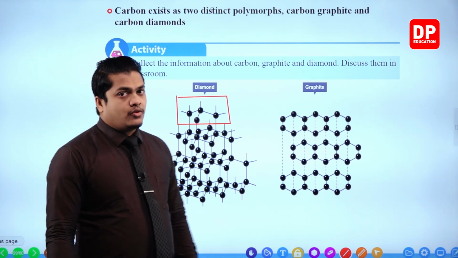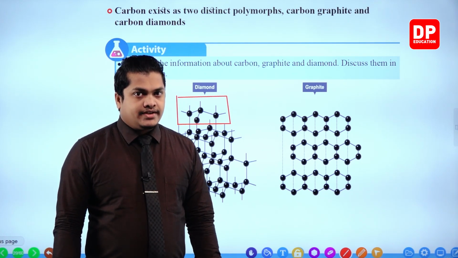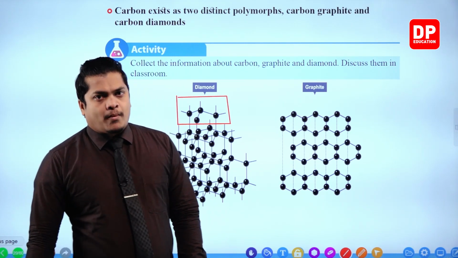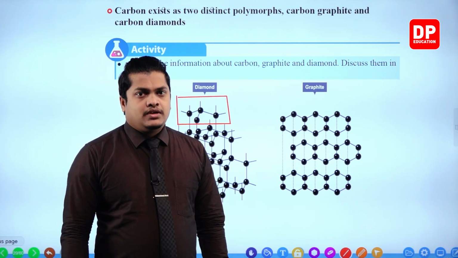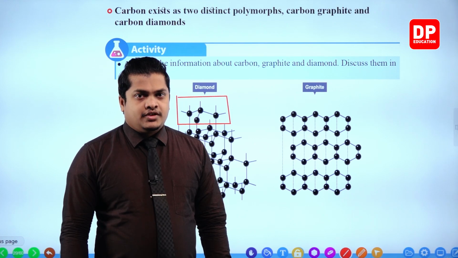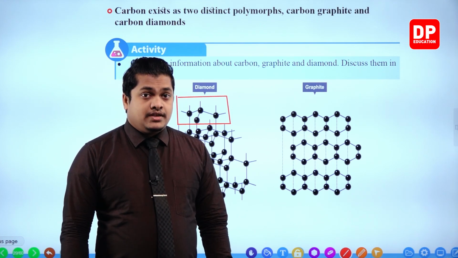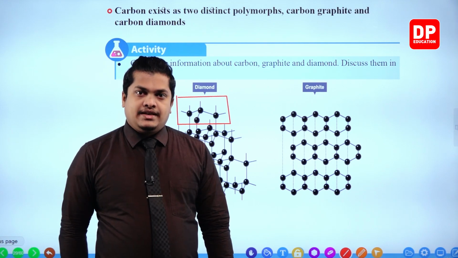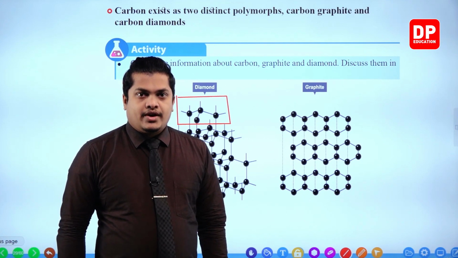I told you how diamond is created with the collection of carbon atoms. Now let's see the special properties of diamond. You know that diamond is the hardest, densest naturally occurring material which we can observe.